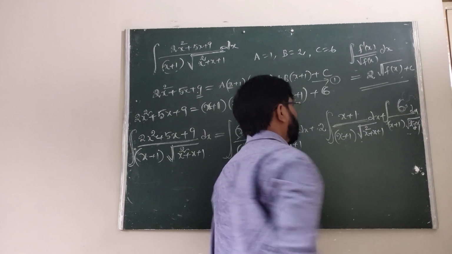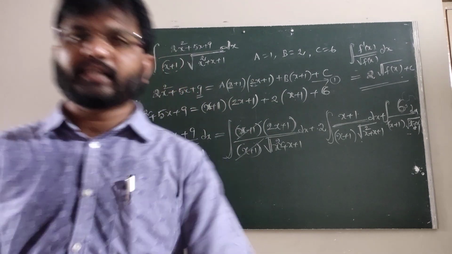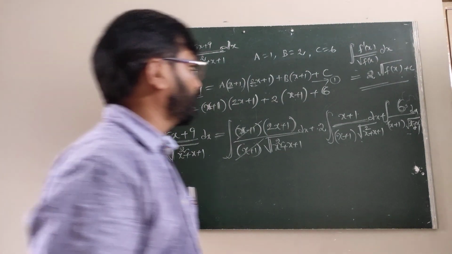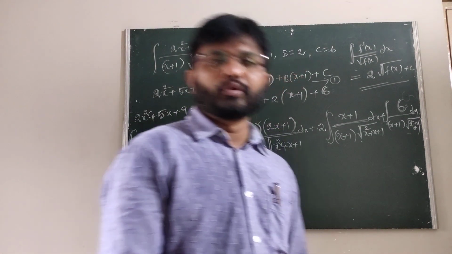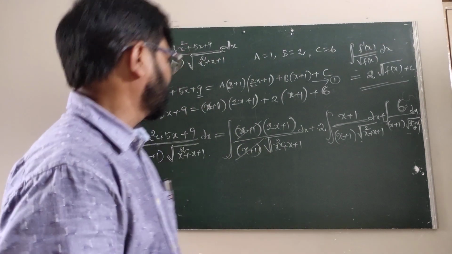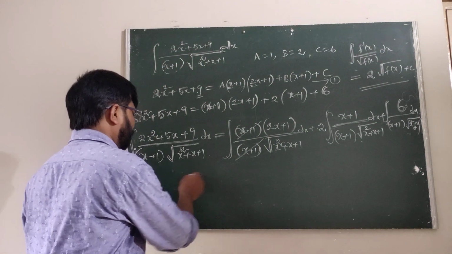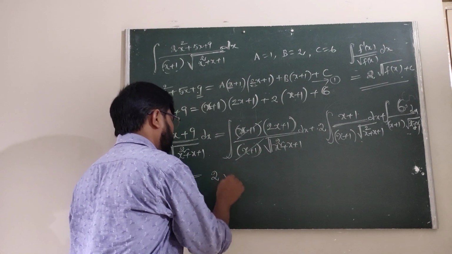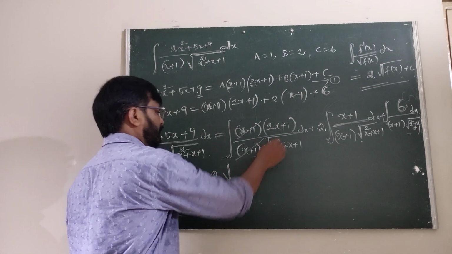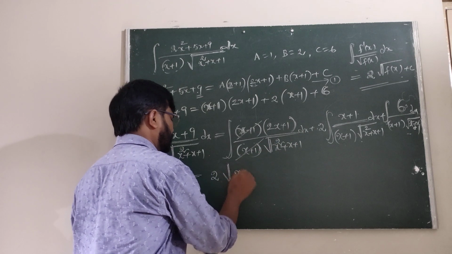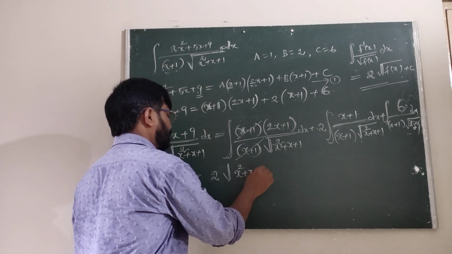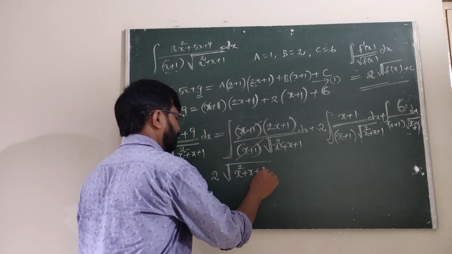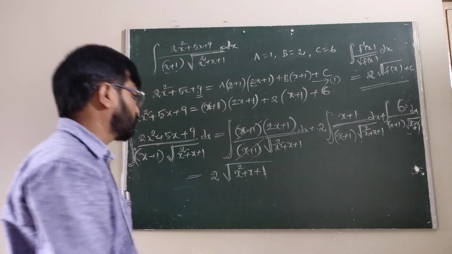This is the formula. Therefore now compare that one. So we are getting 2 into under root of f of x, which is x square plus x plus 1.